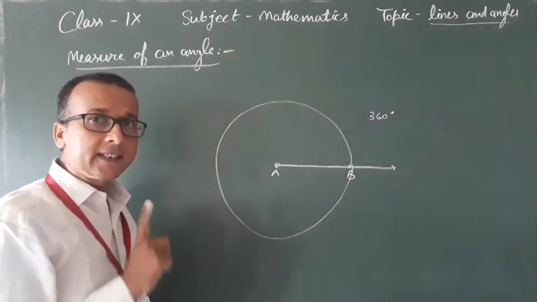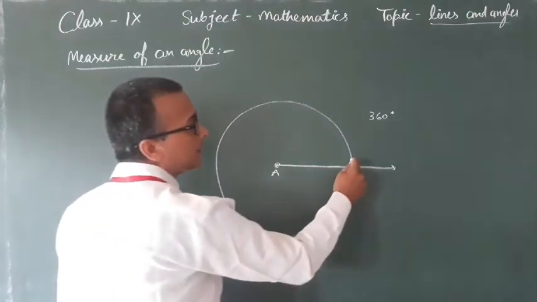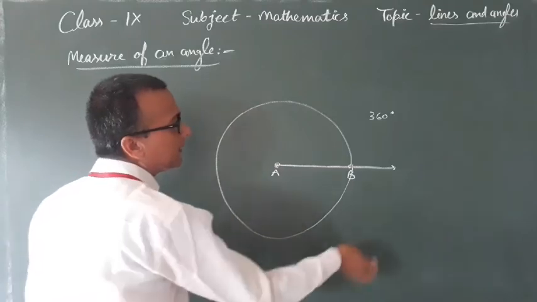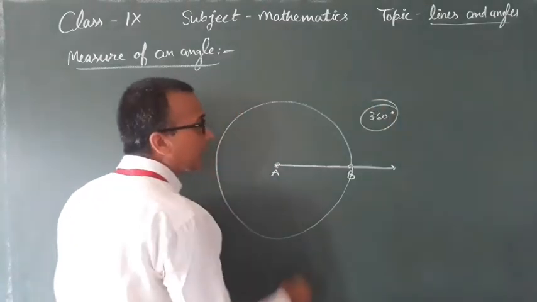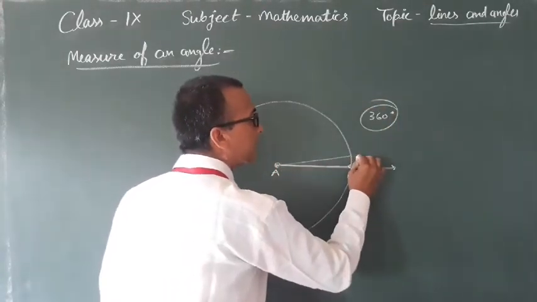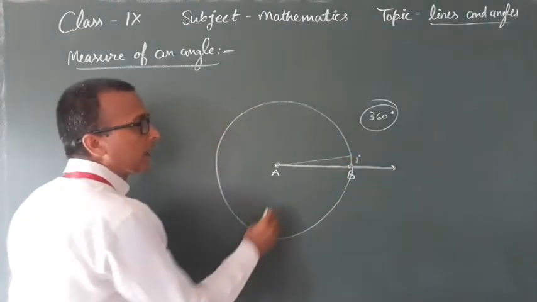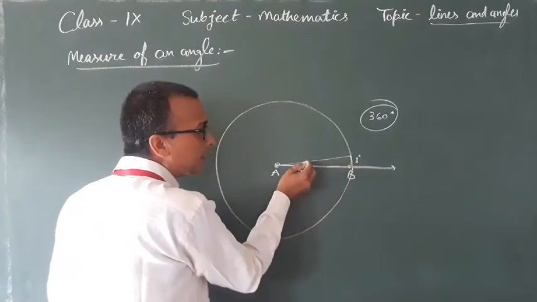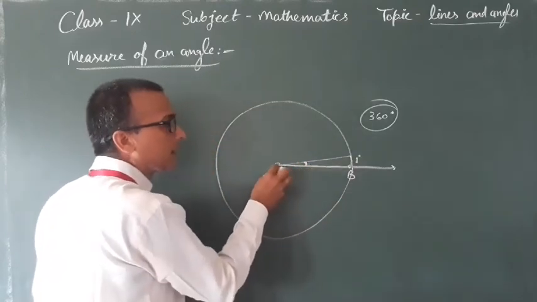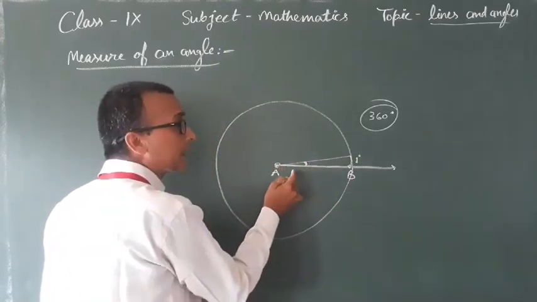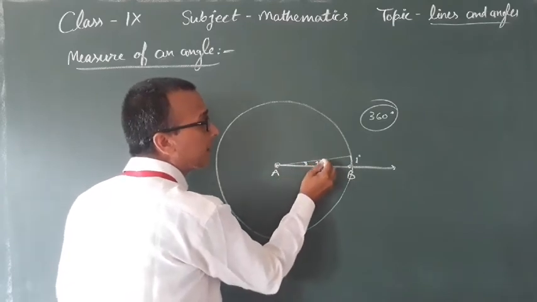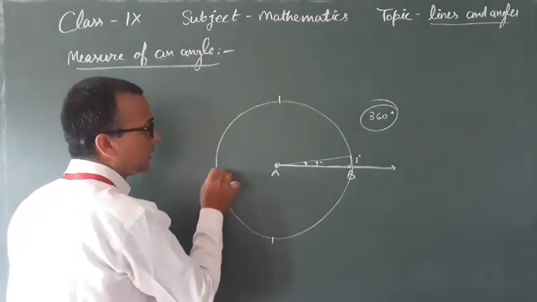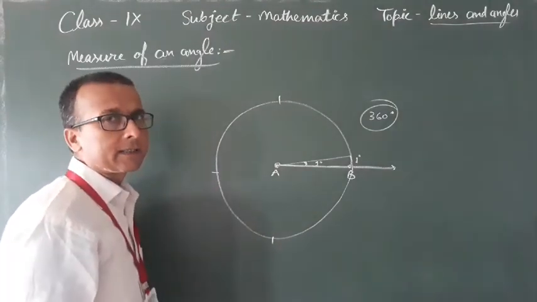Divide the circle in 360 equal parts, which means the circumference of the circle should be divided in 360 equal parts. Then each part of the circumference makes an arc, and this arc subtends an angle at the center, and this angle will be of 1 degree. Suppose we divide this circle in 4 equal parts.